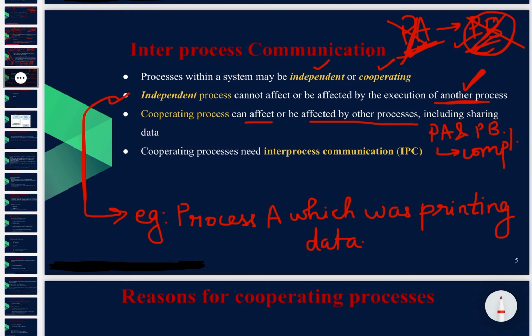Cooperating processes will need inter-process communication. Why will independent processes not need inter-process communication? Because they are independent of the execution of another process, so you don't have to communicate anything. But when communication is required between two processes, when one process is dependent on the other, then we have inter-process communication.